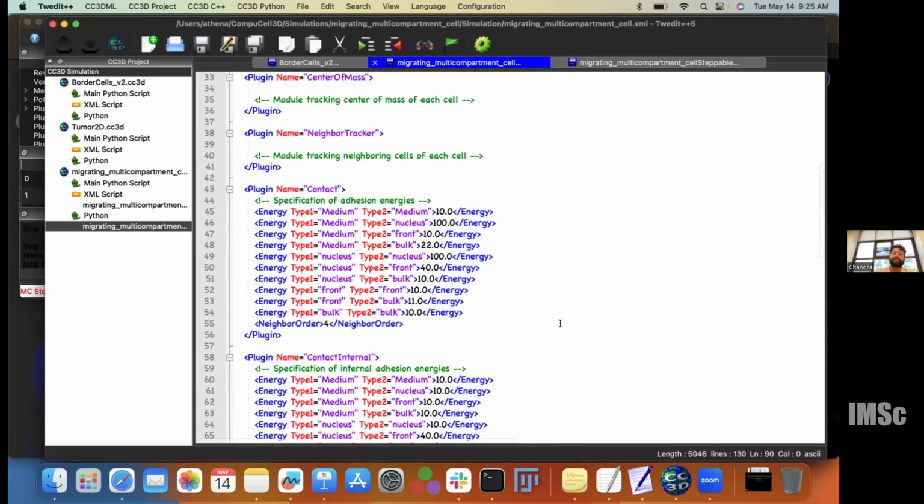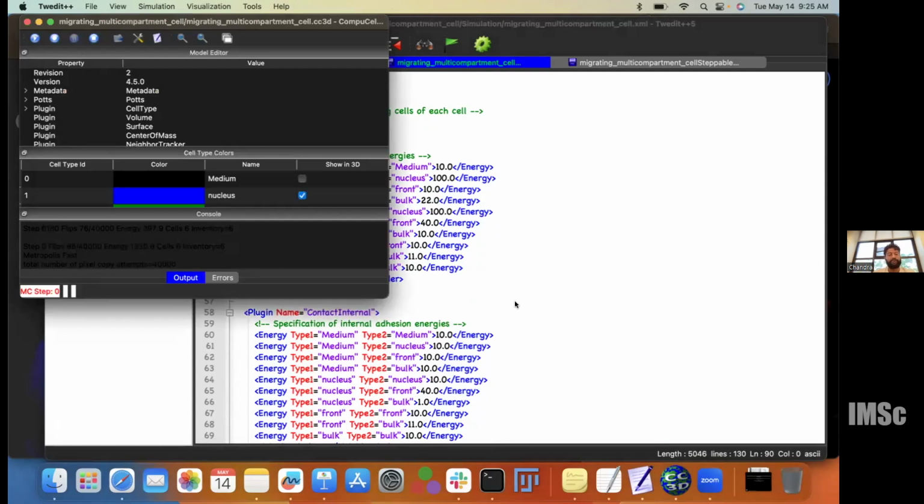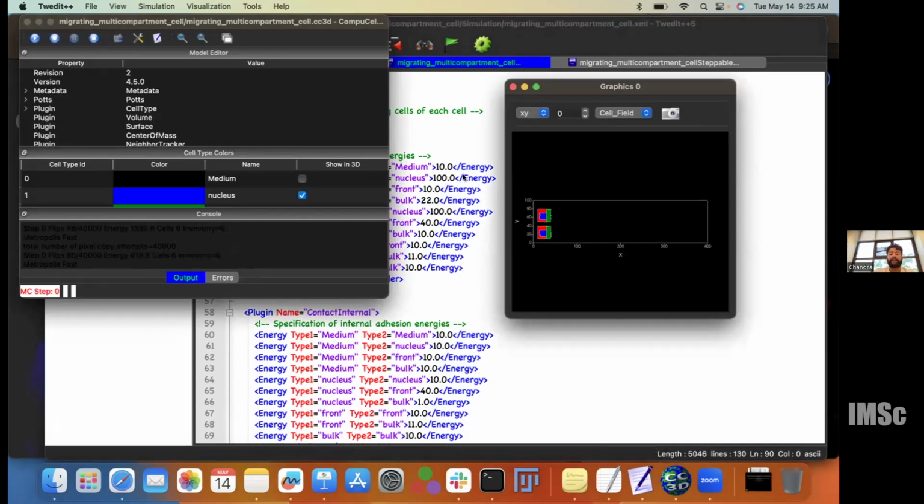One of the most annoying things about CompuCell 3D is to sit and tweak these parameters and see what it does. And this is where CompuCell 3D has a massive advantage, because I can just tweak a parameter and see what the output looks like. This is where I think using CompuCell 3D as opposed to writing your own code has a massive advantage: how quickly you can verify the changes and tweaks that you make.